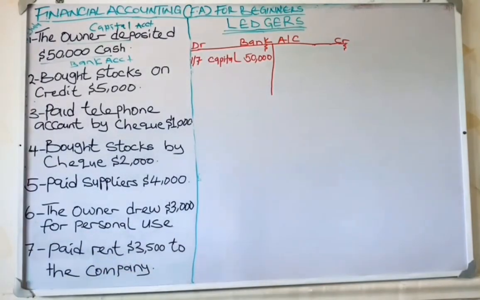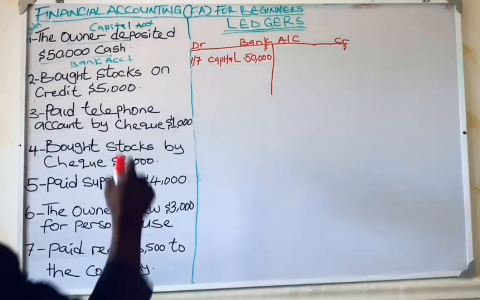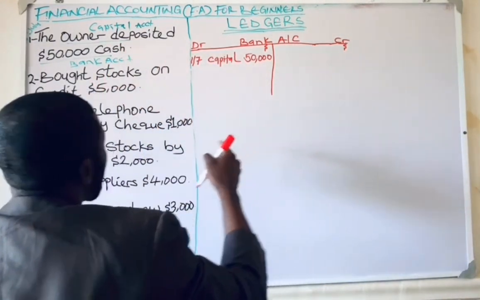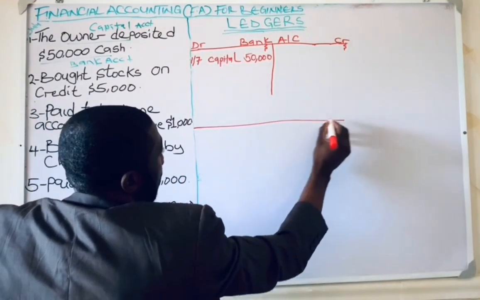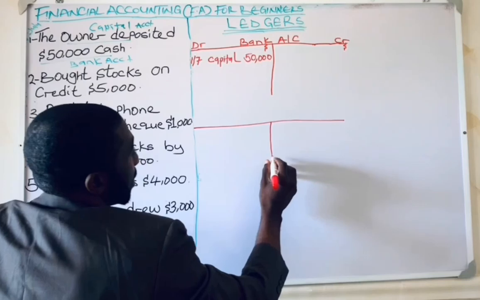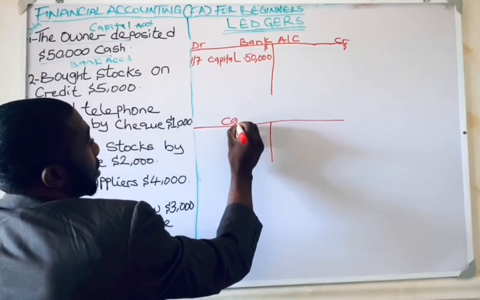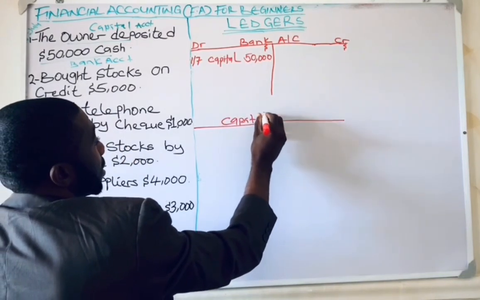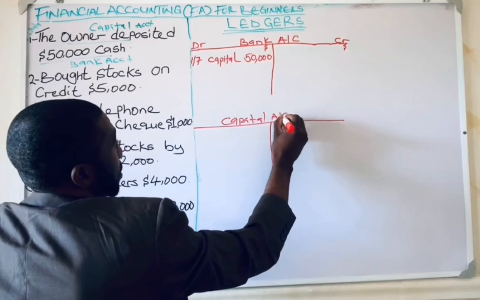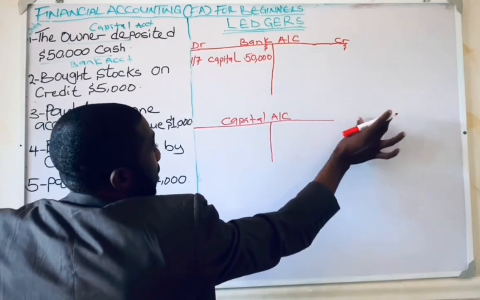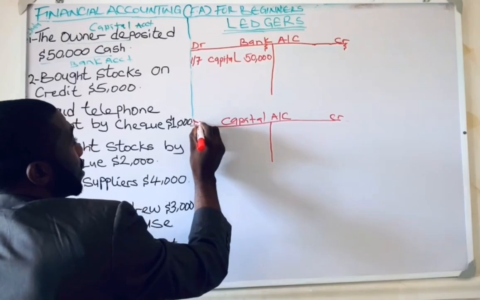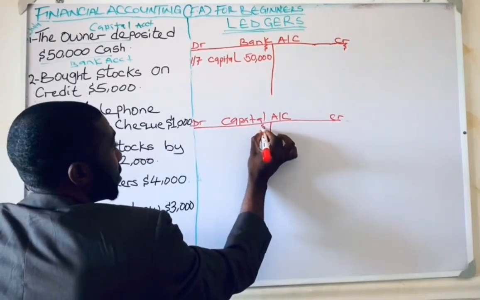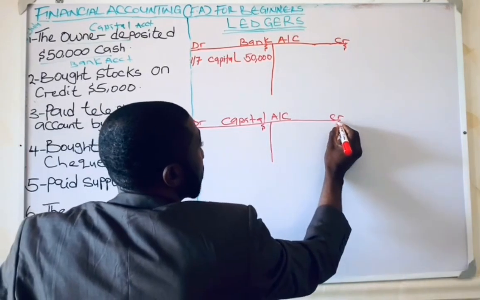Now, you must open the corresponding account, which is the capital account. Your credit, your debit, very important, your currency sign.